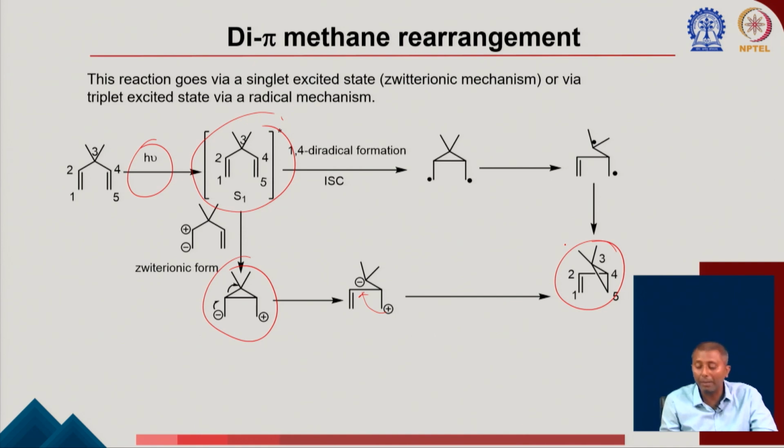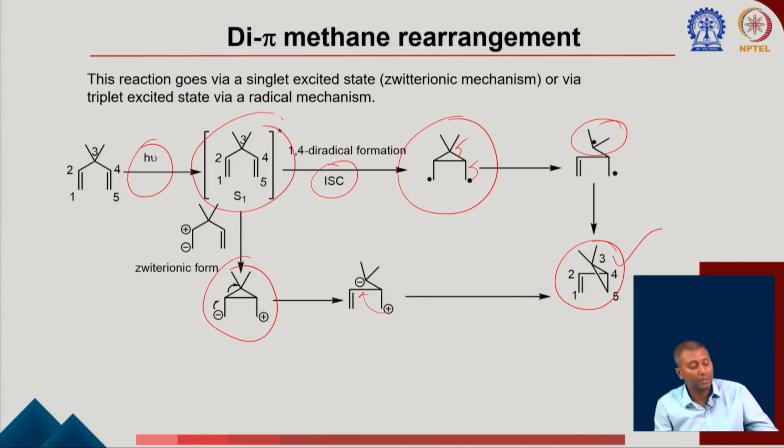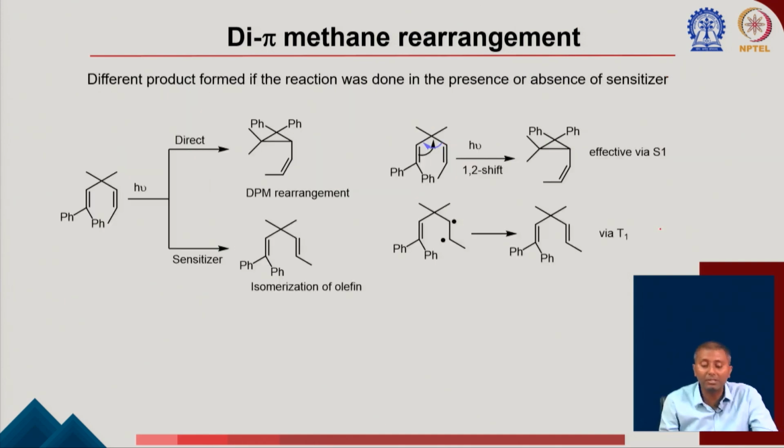In the other scenario, it can go from singlet to triplet by intersystem crossing, forming this 1,4-biradical. Once you have this 1,4-diradical, the cyclopropane ring can open, because it forms the more stable tertiary radical, and after that a radical recombination happens to form this product.